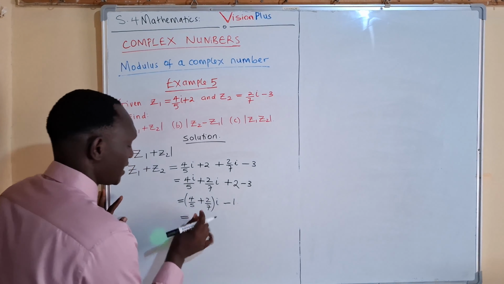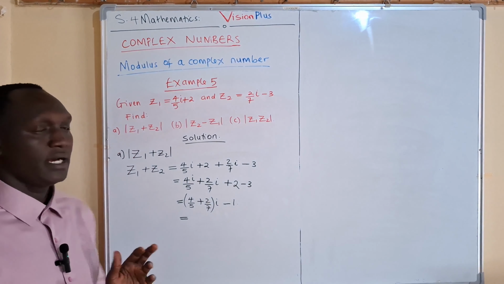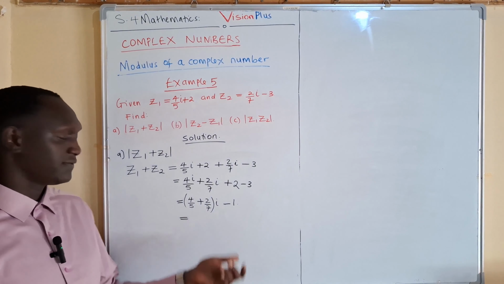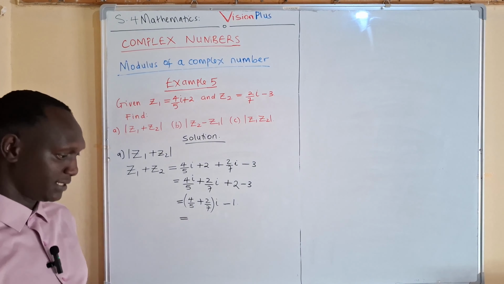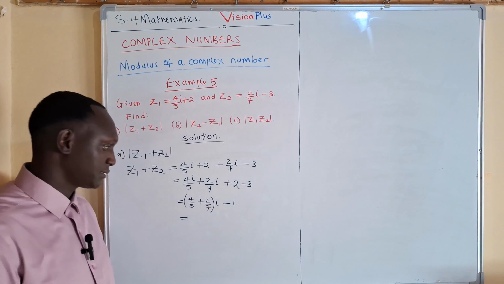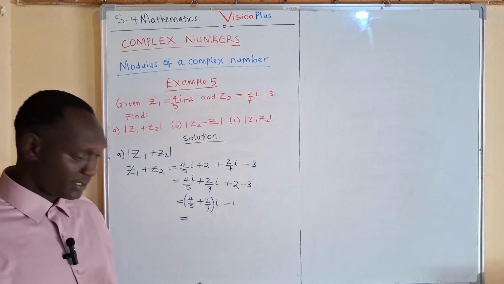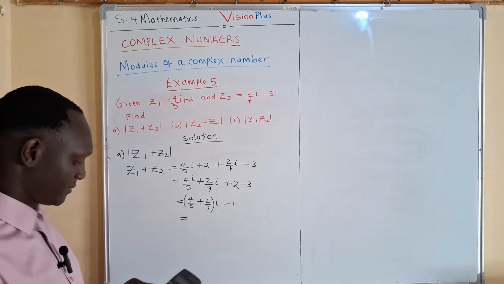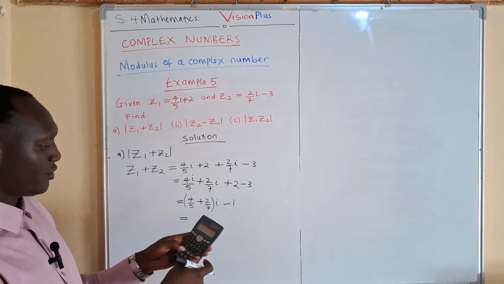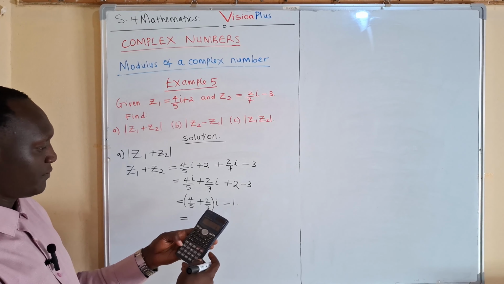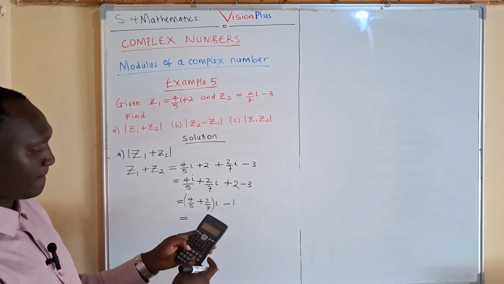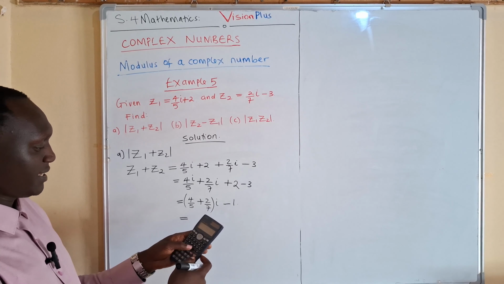Now our focus is here. How do we solve this? Here you can get the LCM of 5 and 7, and then do your processes, but there is no mark for that. It will take you many more steps than this. So here you can just press the calculator: open the brackets, 4 divided by 5 plus 2 divided by 7.